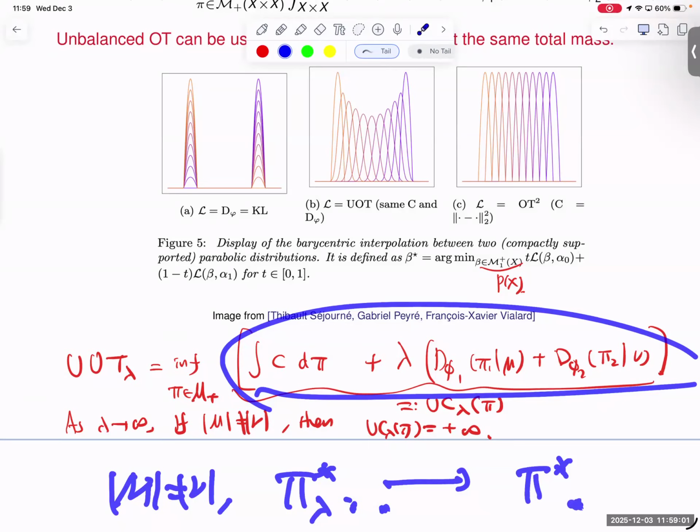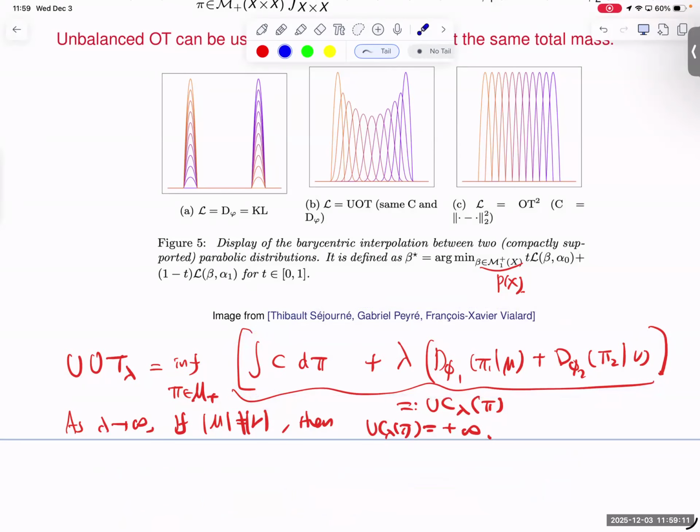Is the total mass of mu equal to that of nu in the proof, or are they different? Hold on. But before that, I don't need to introduce this notation. UOT lambda.